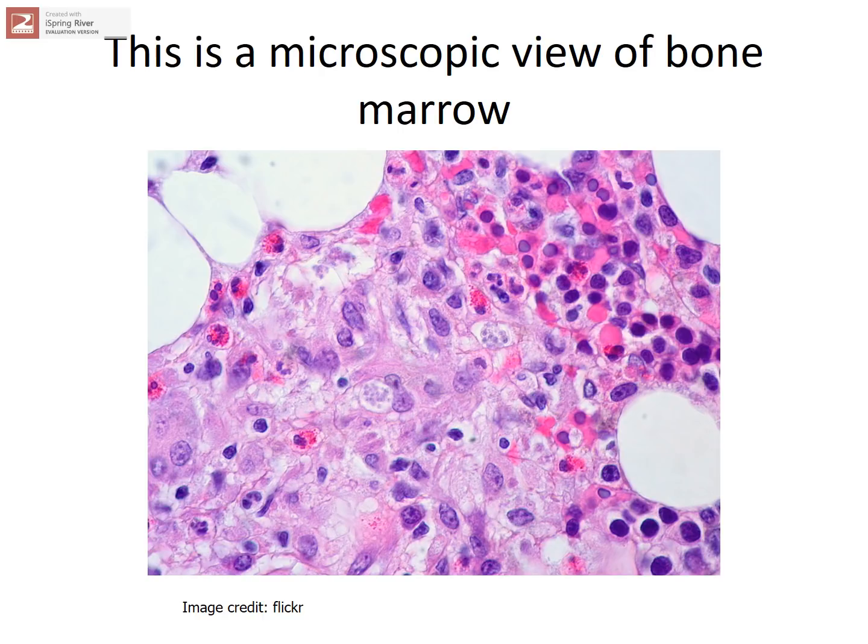This is what a normal bone marrow would look like. A laboratory scientist or a pathologist would be able to identify each of these cells and provide a distribution number for them, which would help the provider determine if their patient was healthy or diseased.